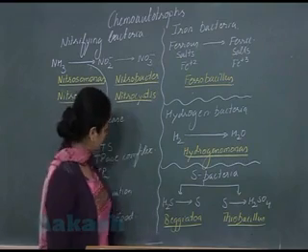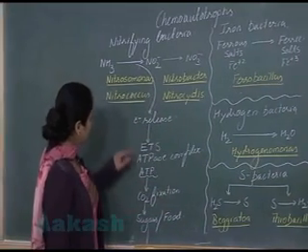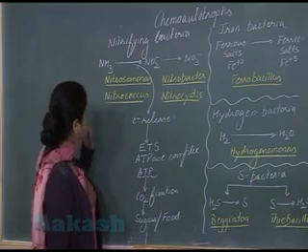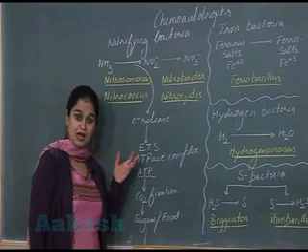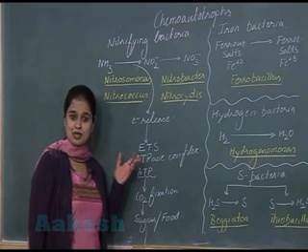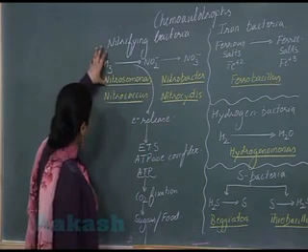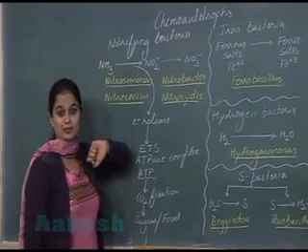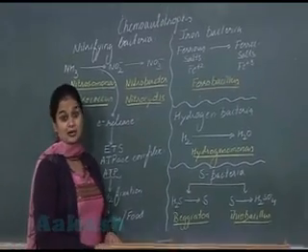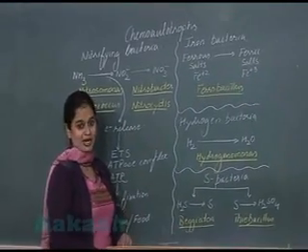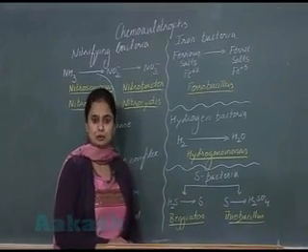Now in this category of bacteria, could you please tell me, here the electron and hydrogen donor, is it an organic or inorganic compound? Yes, here the electron donor is an inorganic compound. Bacteria in which the electron donor is an inorganic compound, as I just discussed, are known as lithotrophs.